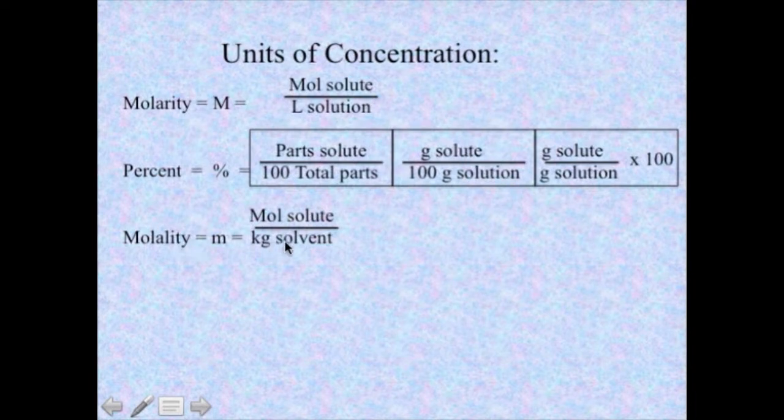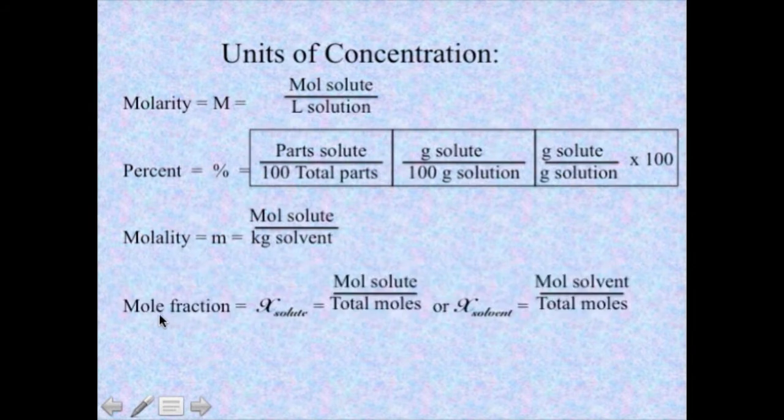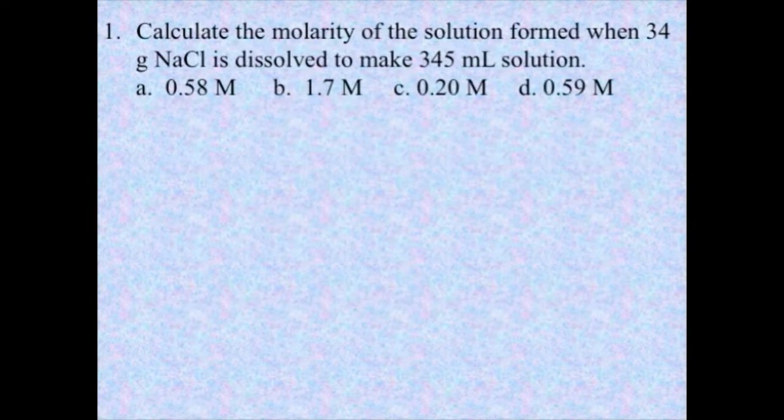Here with molality, we have just the kilograms of solvent. Finally, another unit useful in colligative property calculations is mole fractions. That would be the moles of solute divided by the total moles. That would be the mole fraction of the solute, or the mole fraction of the solvent.